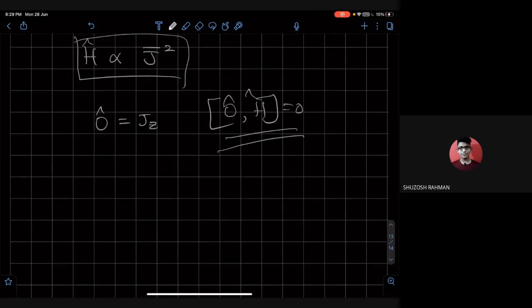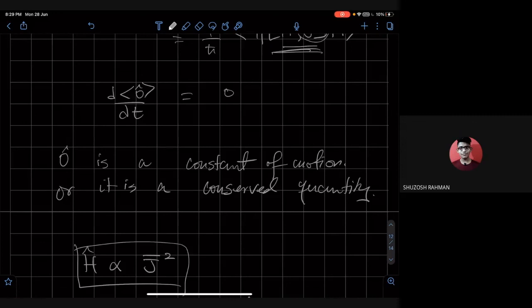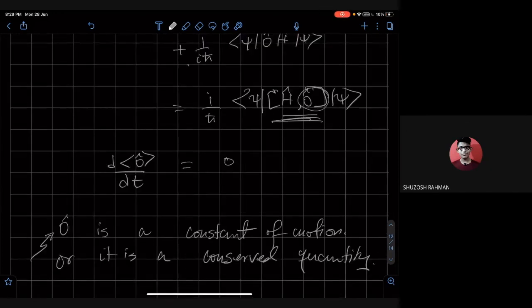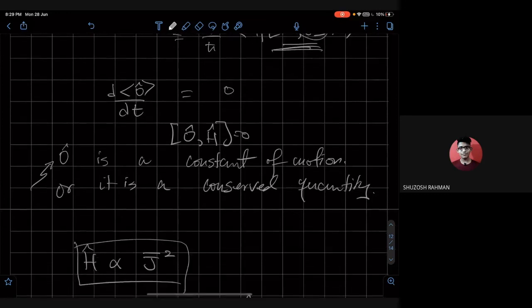Whenever we have an observable which commutes with H, it gives rise to a constant of motion, or a conserved quantity.